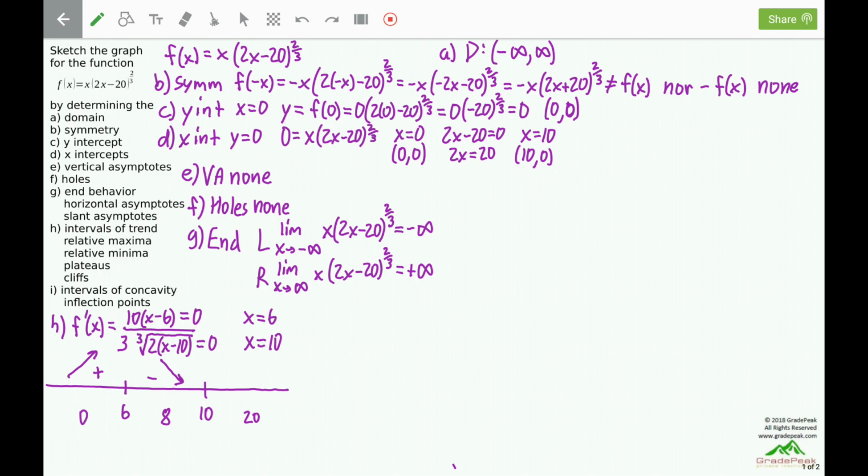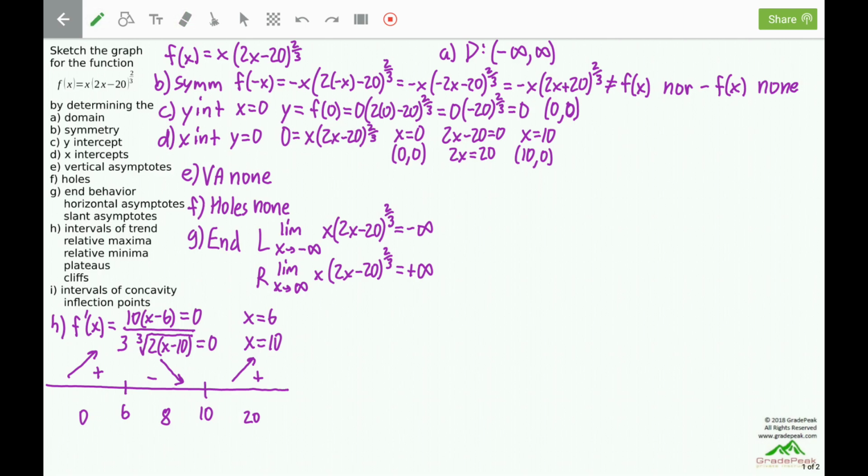Plugging in the test value of 20, 20 minus 6 is positive, over 20 minus 10 is positive, times 2 is positive, the cube root of a positive is a positive. We have a positive over a positive, which is a positive first derivative, and this corresponds to an increasing trend.